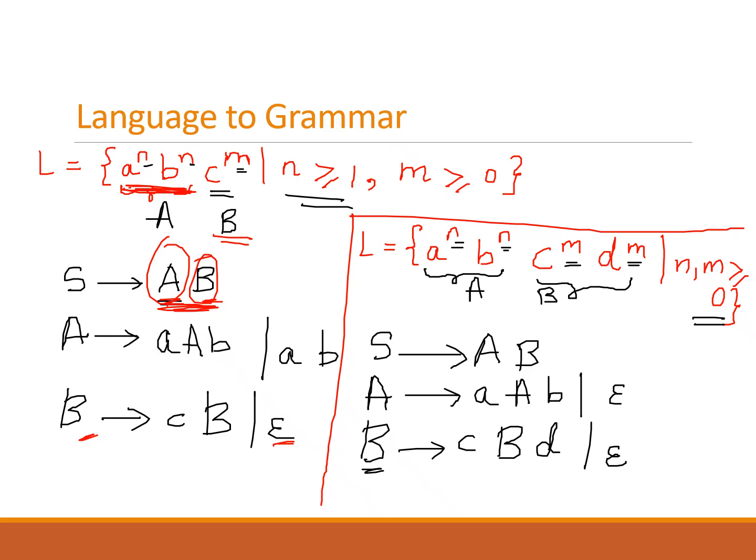Obviously, you will have to list down that the set of non-terminals contains S, A, and B, and the set of terminals would contain a, b, c, d, and the starting state is S. So let us take a few more examples before we wind up the discussion.